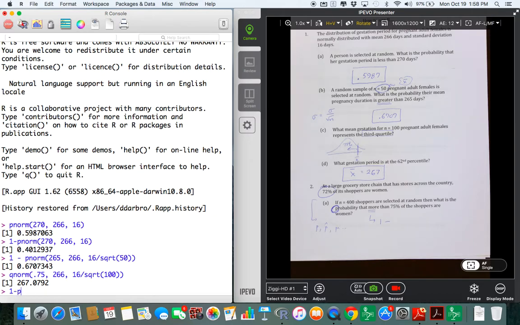And since I want probability, I know I'm going to use P norm. All right, what's my score? 75%. Well, no, more than 400 shoppers, so we want more than 75, so I need 0.75. The mean for this type of problem is N times P.